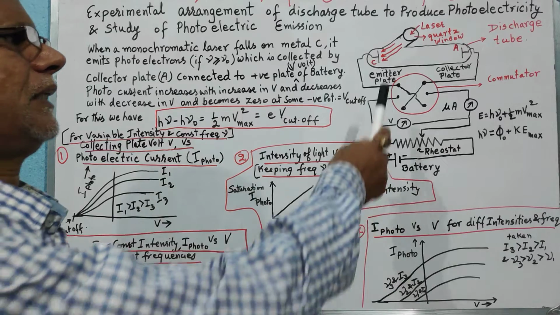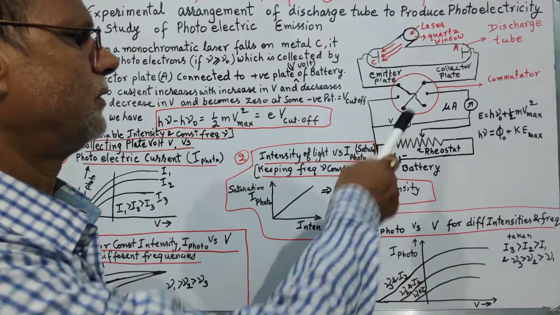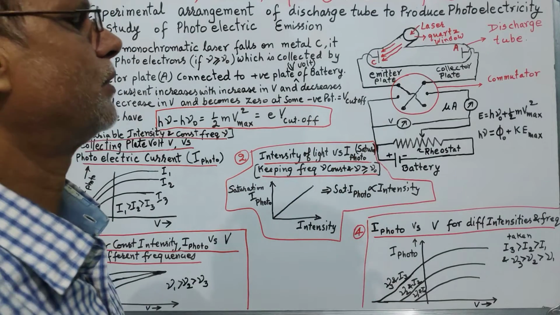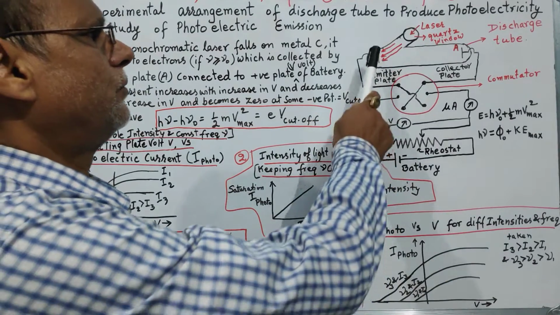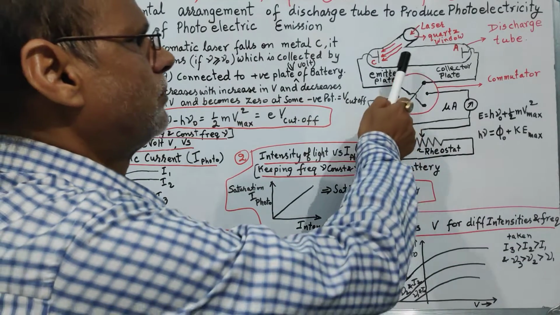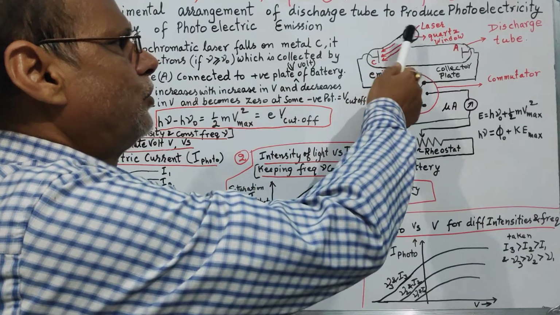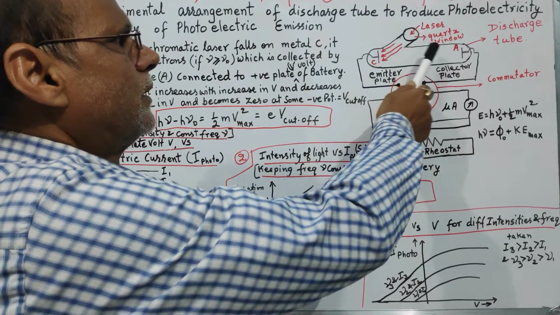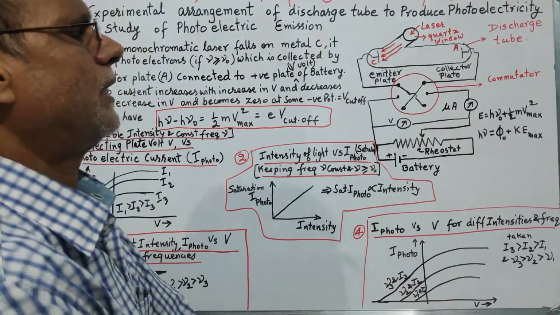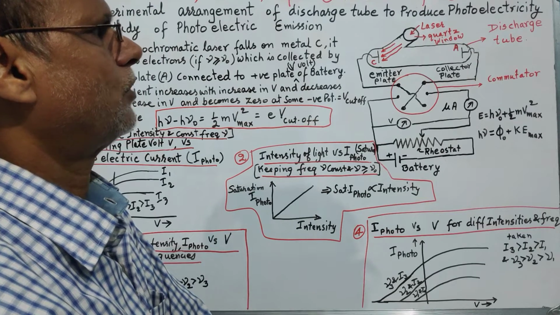Now the experimental arrangement is made according to this. This is one typical way of producing it. We have a partially evacuated vacuum chamber, also known as a discharge tube, and a window with a cover of quartz so that light can enter through it, but the electrons cannot.